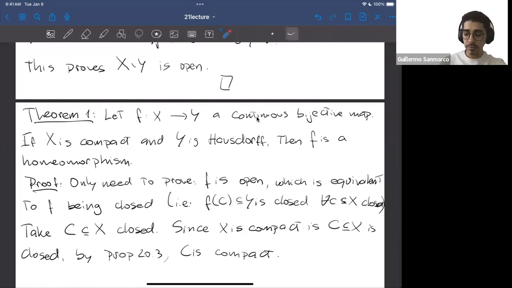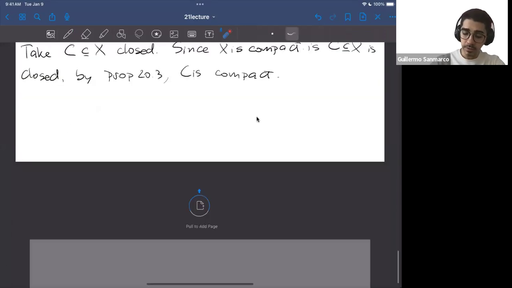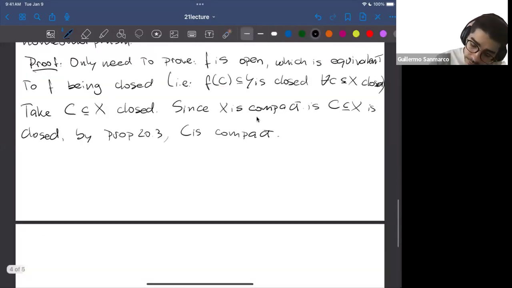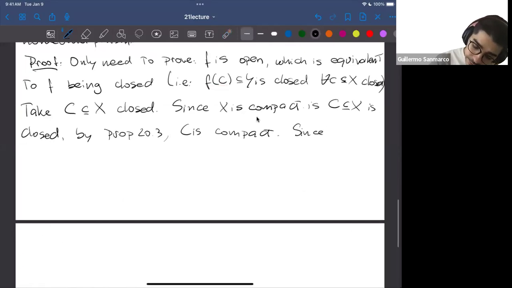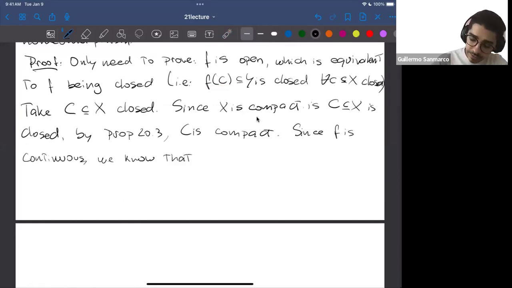And now we're trying to compute f of C, but f is continuous. So since our f is continuous, we know that f of C is going to be compact.